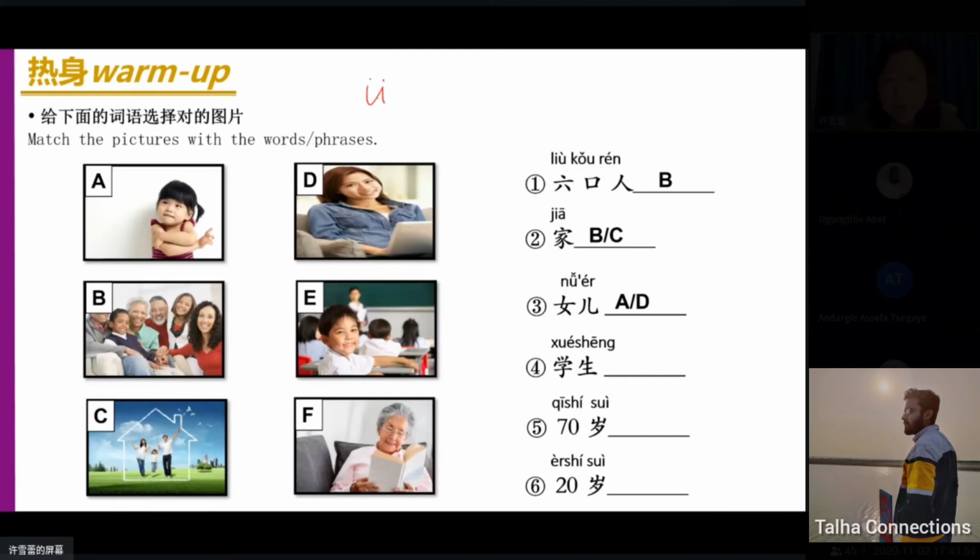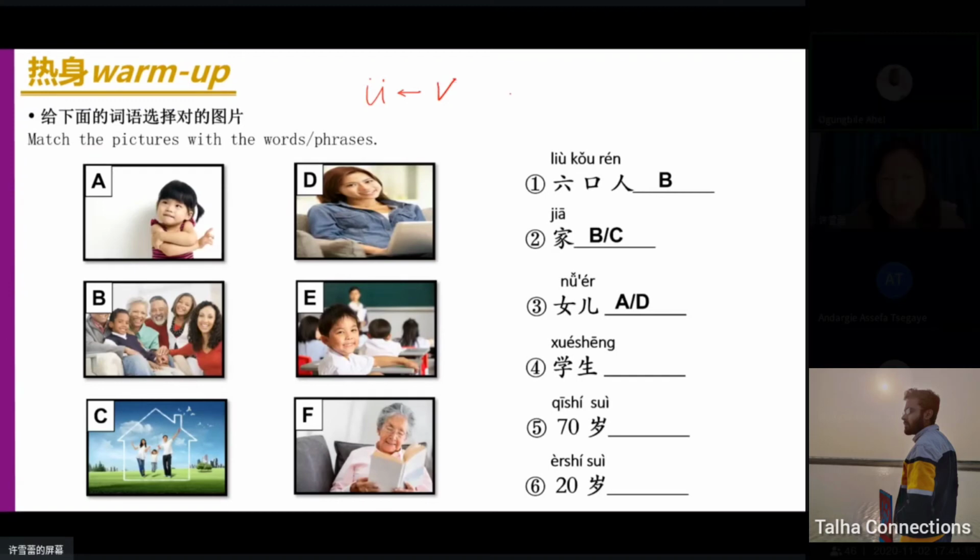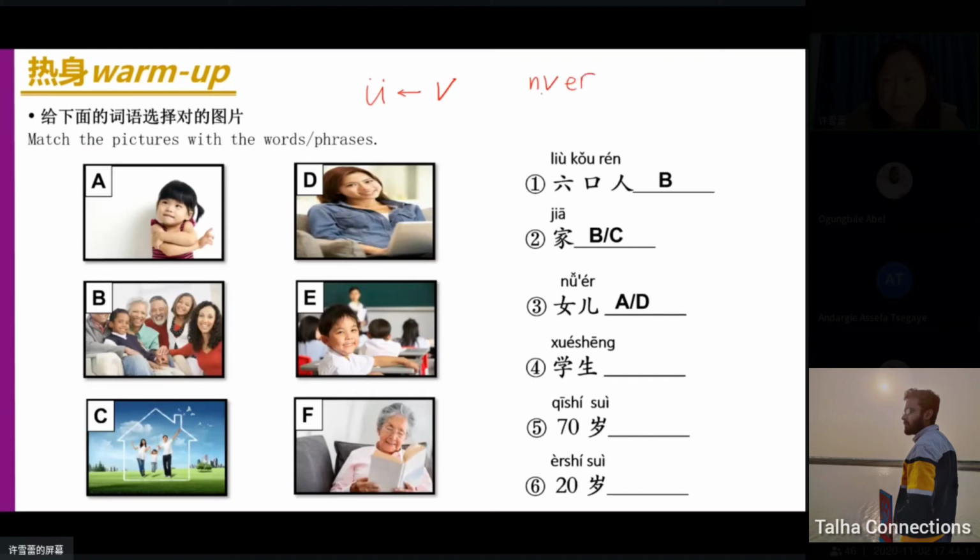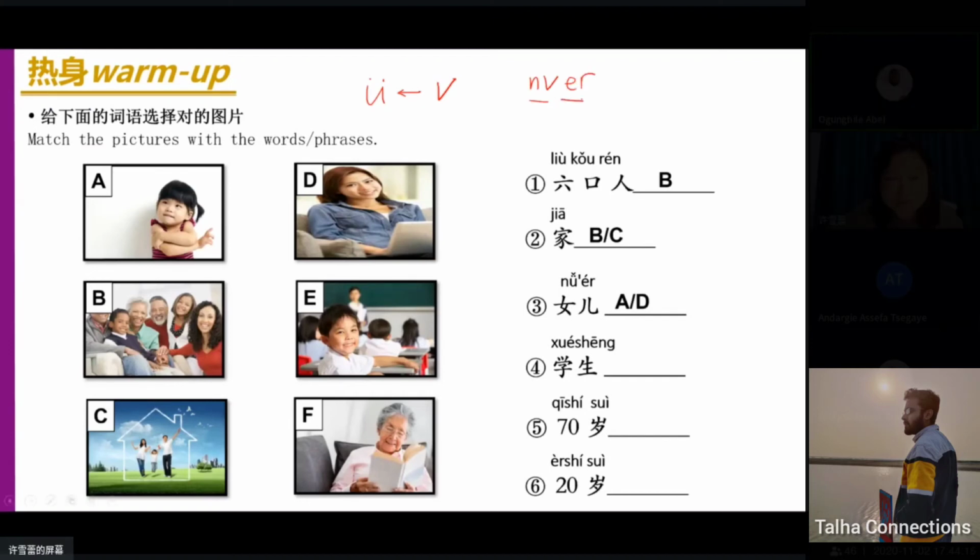There's no final yu. So we use the letter V to represent it. So V. Now try 女儿. Yeah, it's alphabet V. Now here I've written on the screen. You try it.